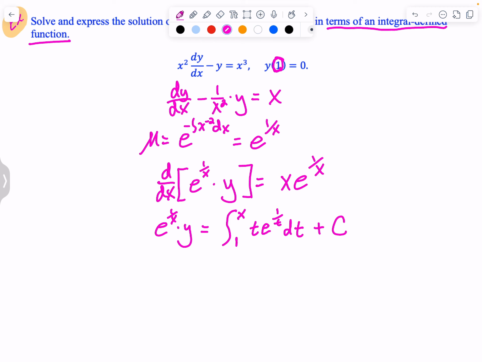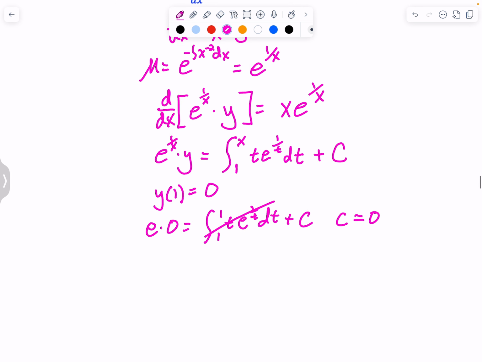They gave us y of 1 equals 0. So if I put 1 on the right side, I get e times 0, and then this is going to be from 1 to 1 dt plus c. Well, that's 0 as well, so c is 0.